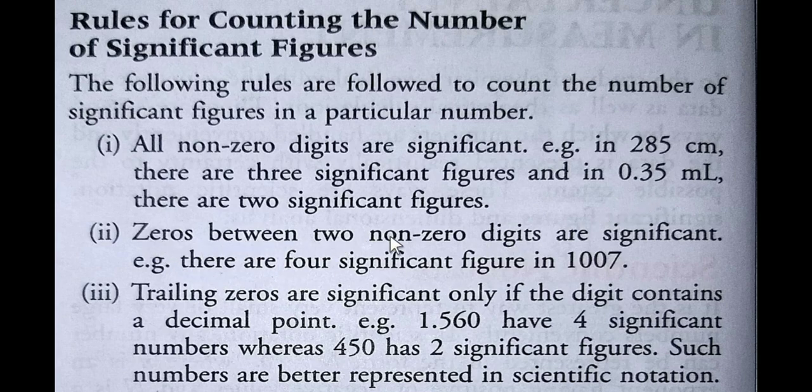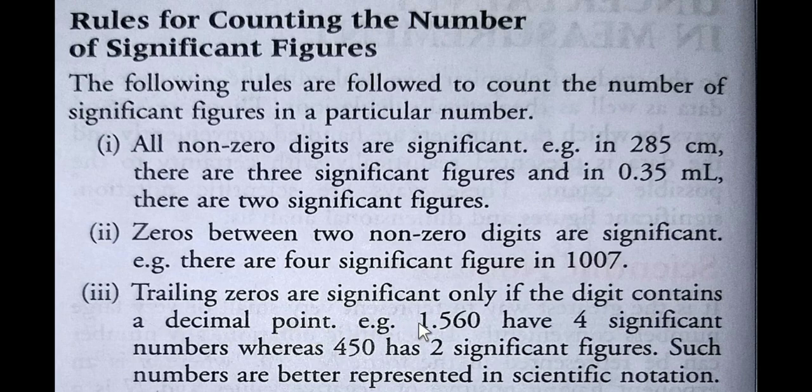Zeros between 2 non-zero digits are also significant. For example, there are 4 significant figures in 1004 because the zeros are in between 2 non-zero digits. Trailing zeros are significant only if the number contains a decimal point.